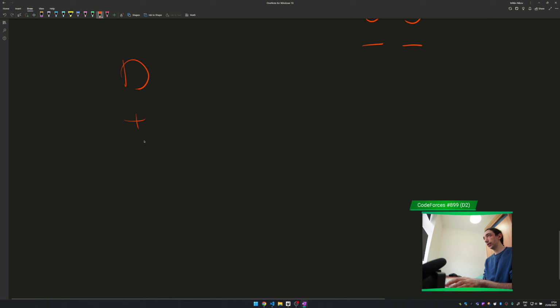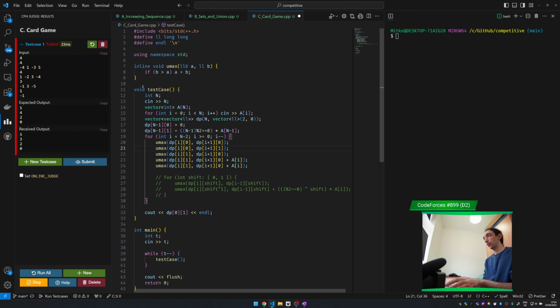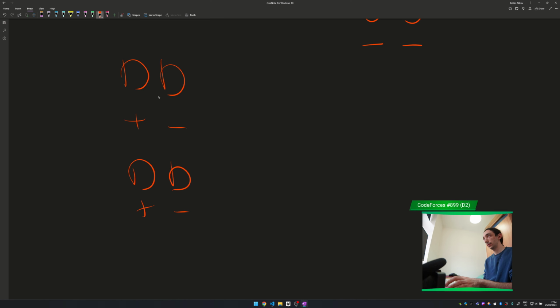Where on the other hand, if there's a plus, in one case I buy the element, and in the other I don't buy the element here.